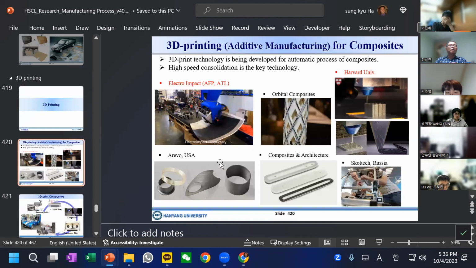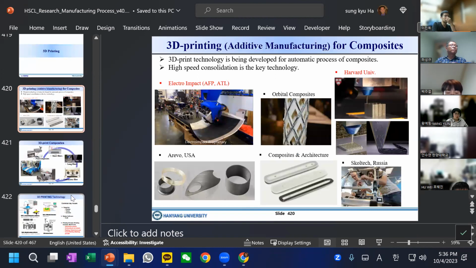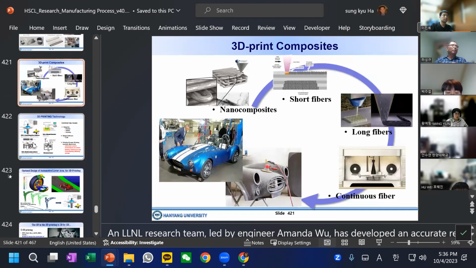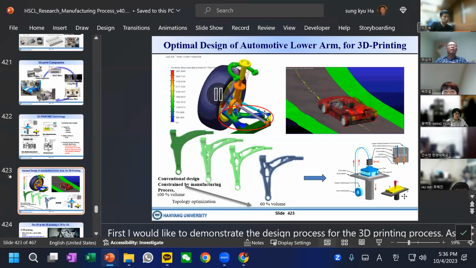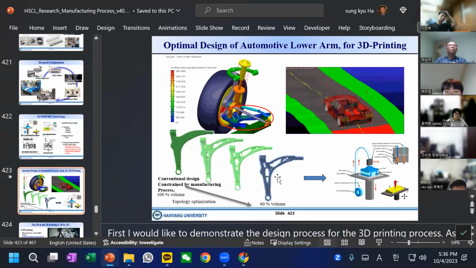And 3D printing, all kinds of structures can now be 3D printed. Even the automotive main structure can be fully printed. And 3D printing goes together with optimization, especially topology optimization. We can shape very complicated forms.